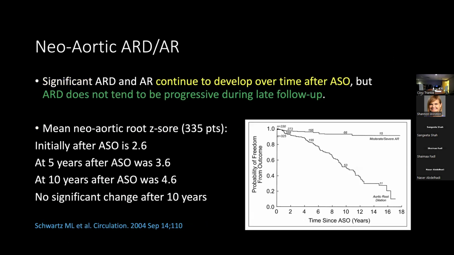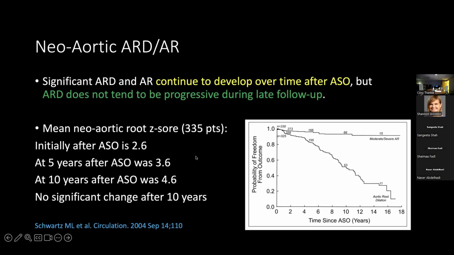The other complication that can happen is new aortic root dilation and aortic regurgitation. Significant aortic root dilation and aortic regurgitation can happen after arterial switch, and they tend to be progressive over time after surgery, but then start to be less progressive during adulthood.